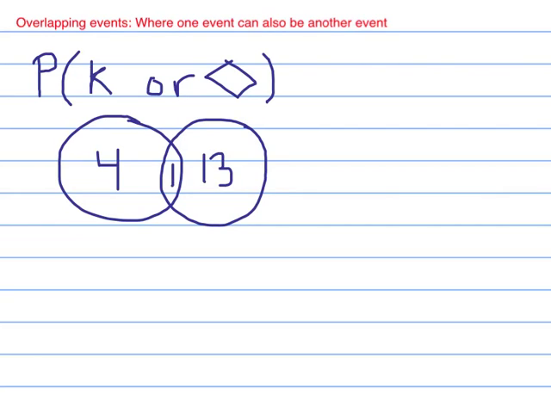So what I've done is I've added the probability for the king, and that includes the king of diamonds here, and I've added the probability of diamonds, which also includes the king of diamonds. I've added the probability for the king of diamonds 2 times. However, there is only 1 king of diamonds in the deck.